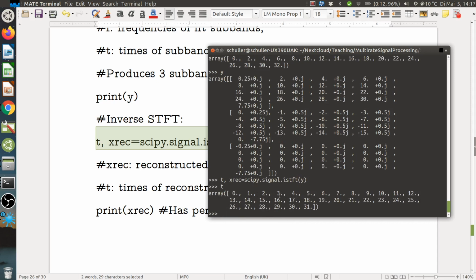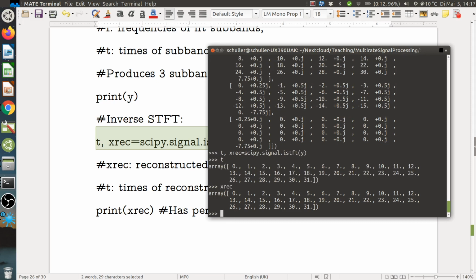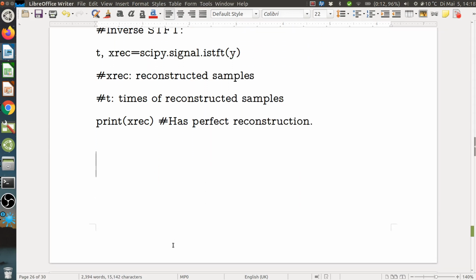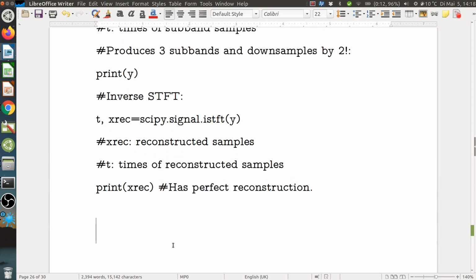Here we can see all the samples are present, and xrec is now indeed our original ramp function. Right, so that worked nicely. So the overlap add worked, and also the overlap add together with the window function. So we have perfect reconstruction. So that works nicely.